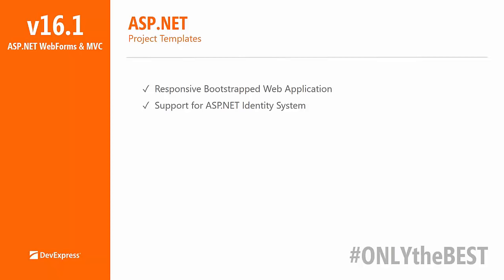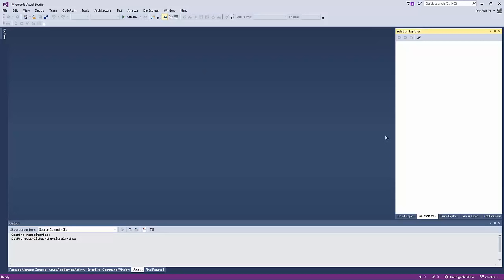Okay, so explain to me what's going on, what it looks like. I will. Well, we already had a responsive project template, so I'll switch over to Visual Studio to show it to you quickly.